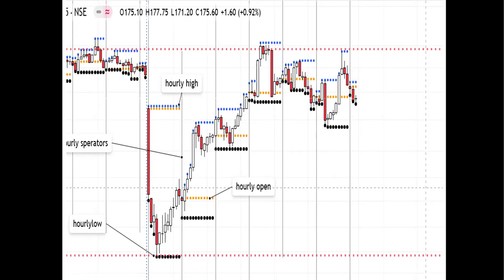When the price starts moving above the hourly open, it will have momentum. So that will give you an idea to enter into the market. Here itself you can enter. I'll show you how you can precisely enter by combining all the indicators.